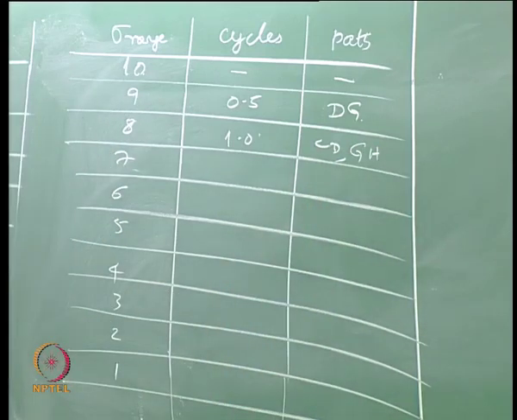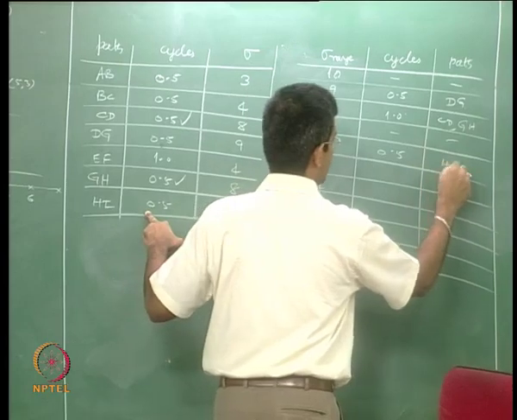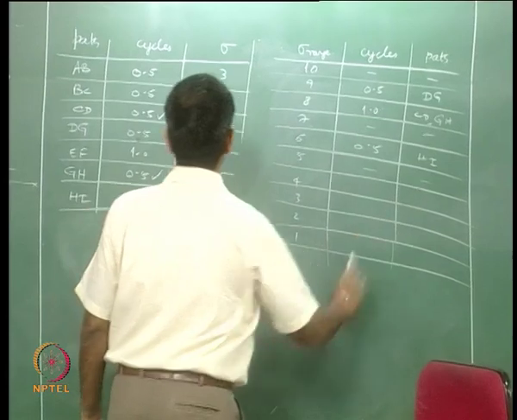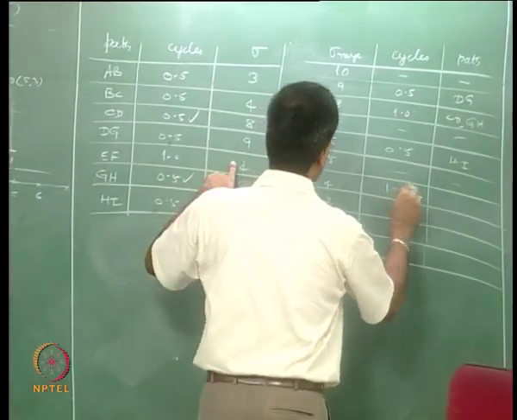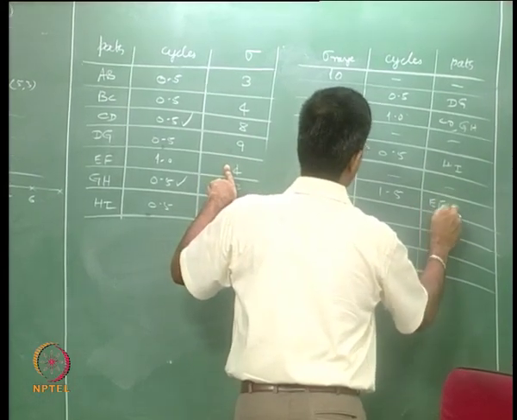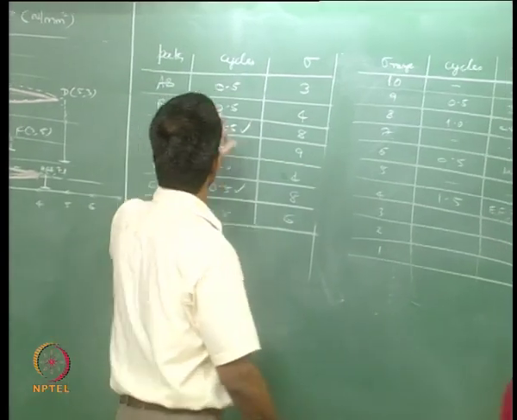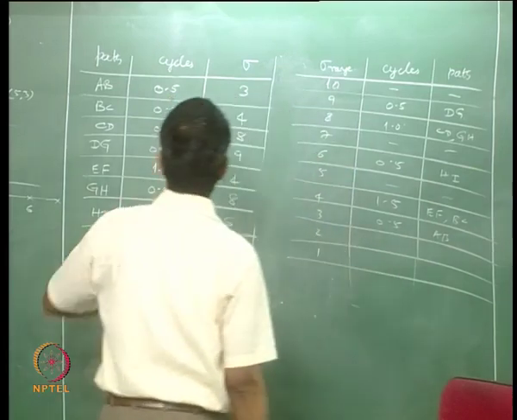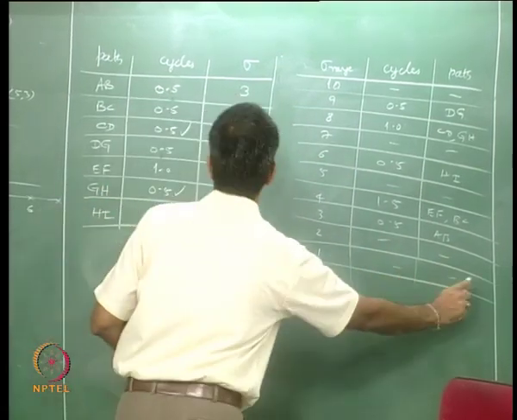For 7 there is nothing, for 6 there is one value, that is 0.5 and that is HI, and for 5 there is nothing, and for 4 you have got 1.5 and the paths are EF comma BC, and for 3 you have got 0.5 and you have got AB, and for 2 nothing, and for 1 nothing, and so on.